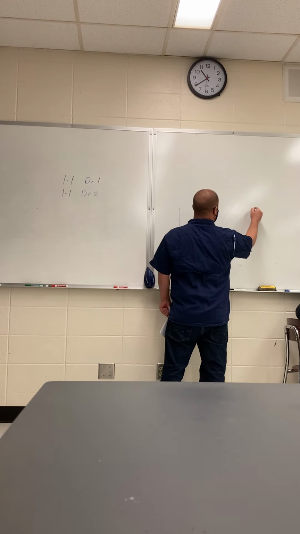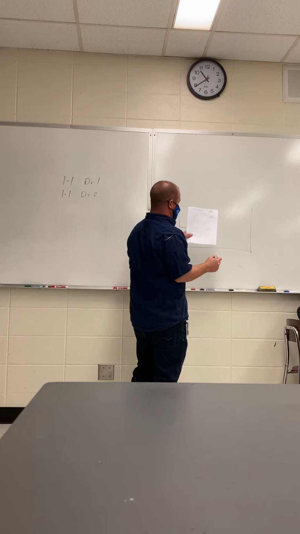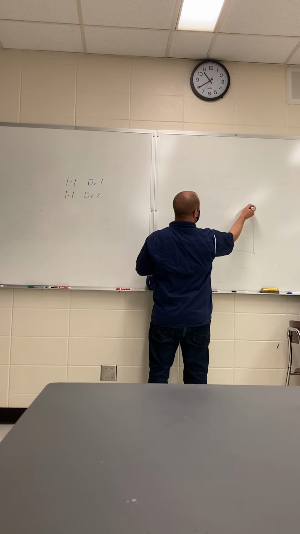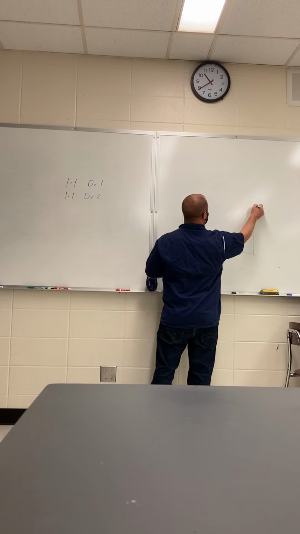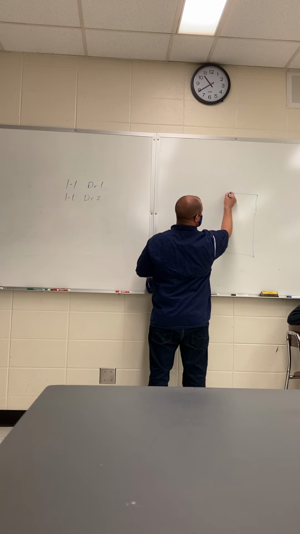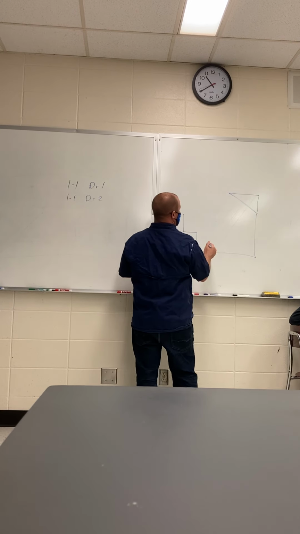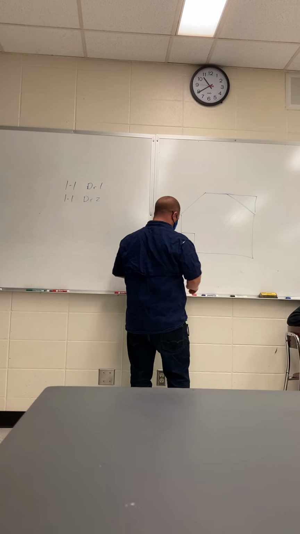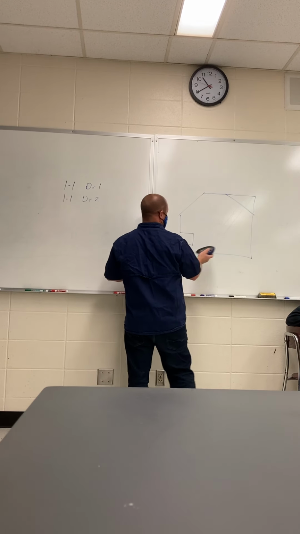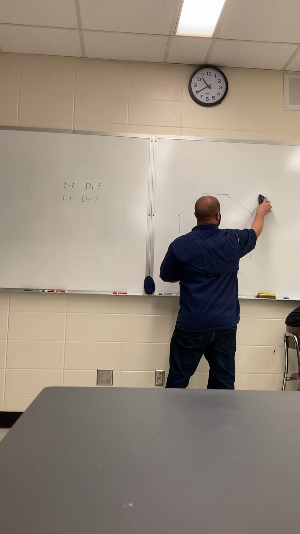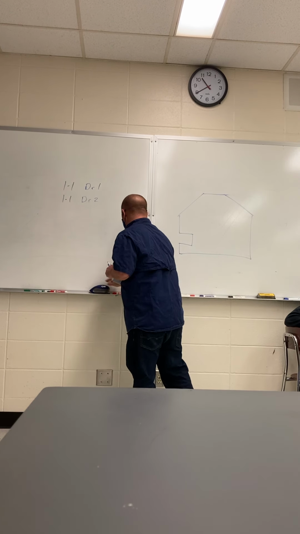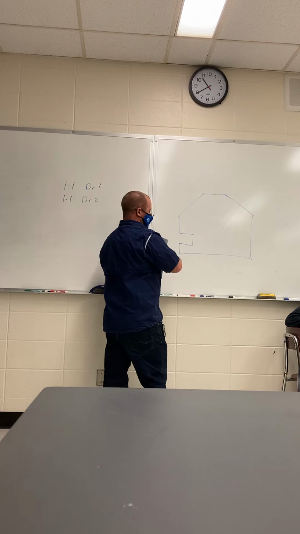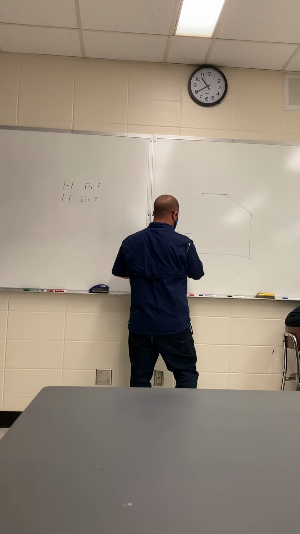So when you get to that point, you figure out, okay, from here I go up and over that distance, and that's going to create that angle. I'm going to go over whatever distance, and then come back down, and that's going to create that angle.